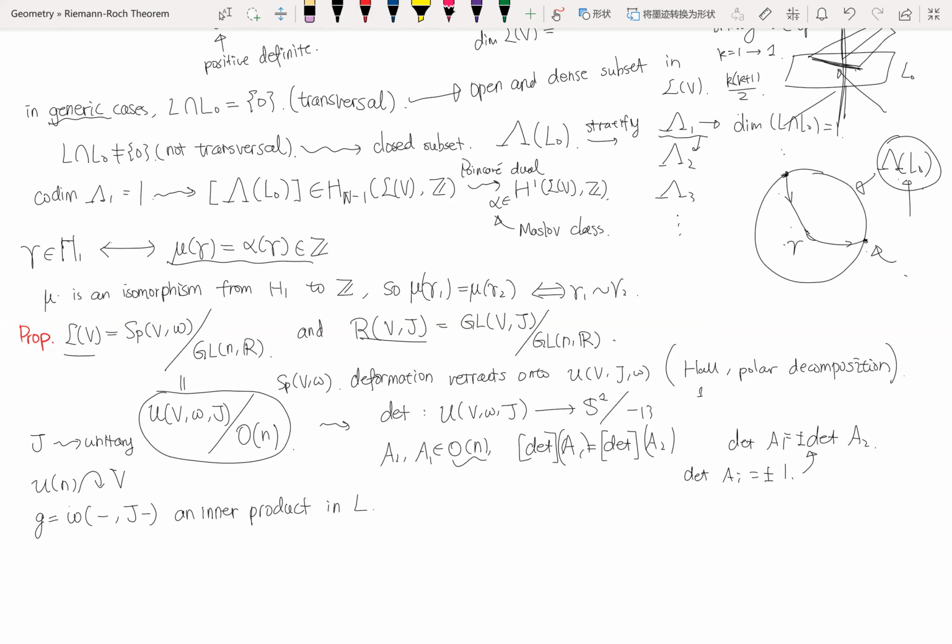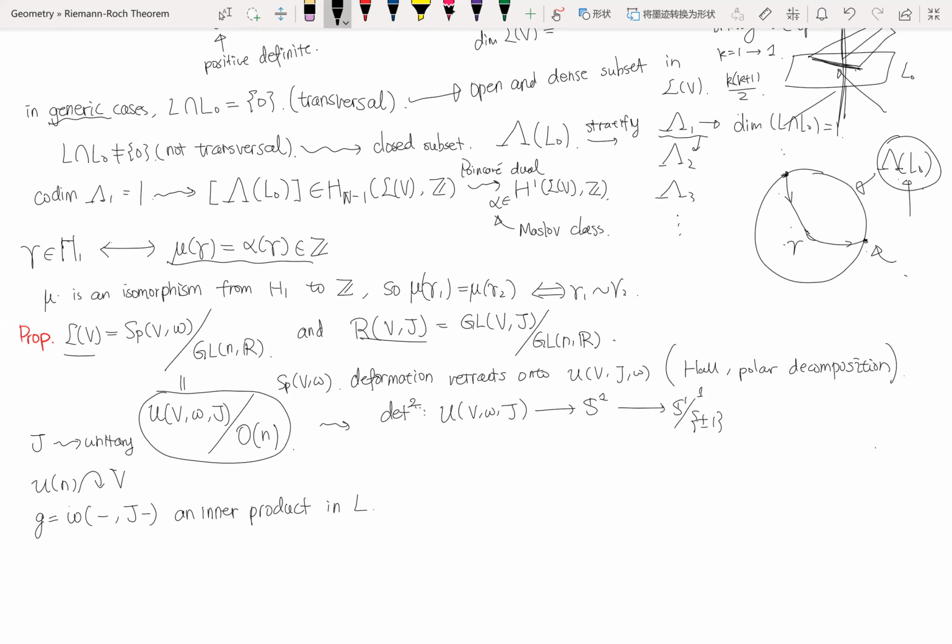So instead we modify the determinant to consider determinant squared, so that they will map naturally into S1 quotient by plus and minus 1, because determinant squared will, yes.